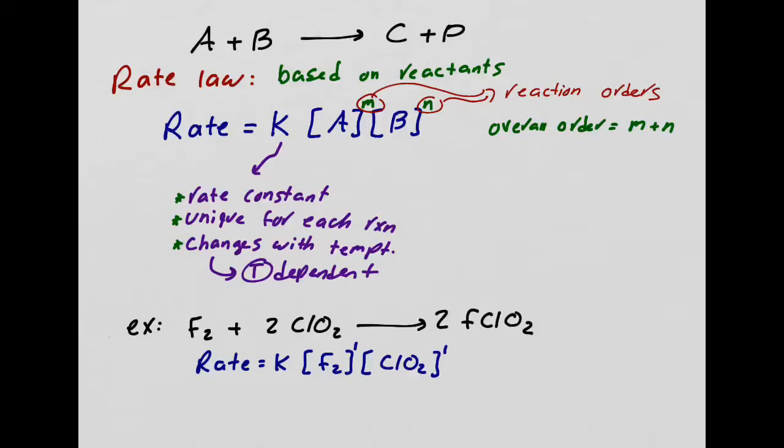Okay, now let's figure out how to find out the reaction orders. So now that we know that the reaction orders are not related to coefficients, the next question you're probably going to ask me is, how do we experimentally determine the reaction orders, because you know you have to do experiment to figure out the rate law.